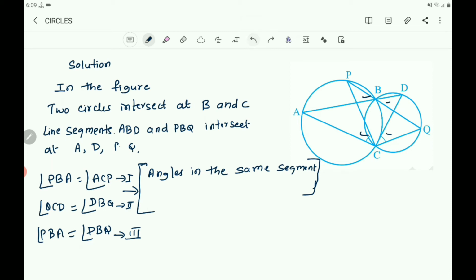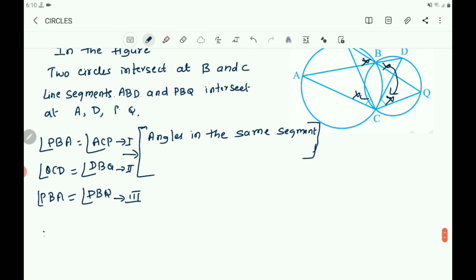Right? In the first you got that PBA equals ACP. In the second you got that QCD equals DBQ. And in the third you got that PBA equals DBQ. Here we have to prove that these two are equal. And consider here these two are equal and this is also equal to this one. So all the four angles become equal here.